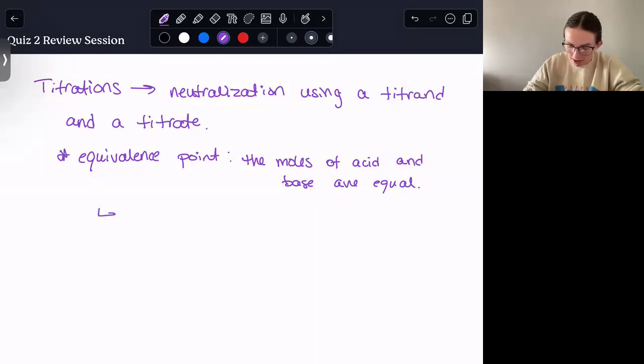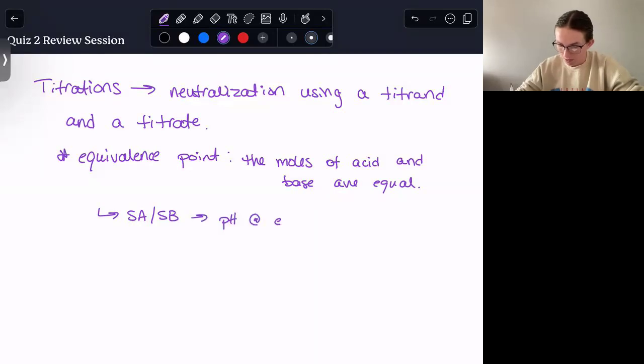So for a strong acid and strong base titration, what is the equivalence point pH? What is the equivalence point with a strong acid and a strong base?